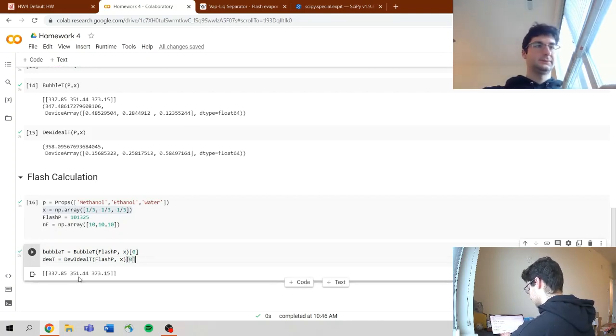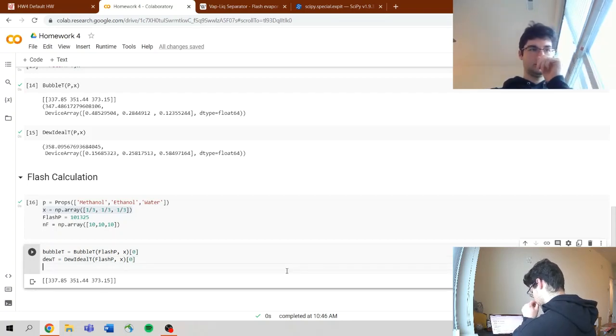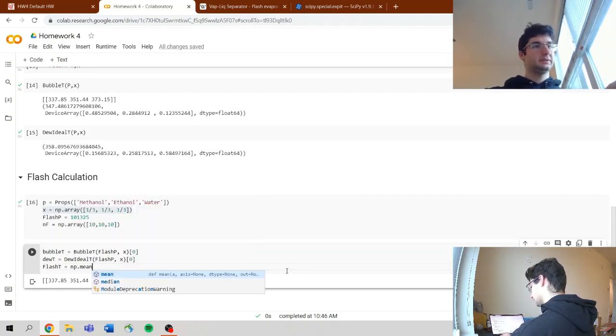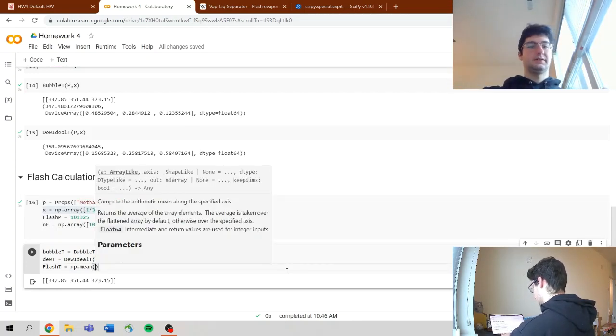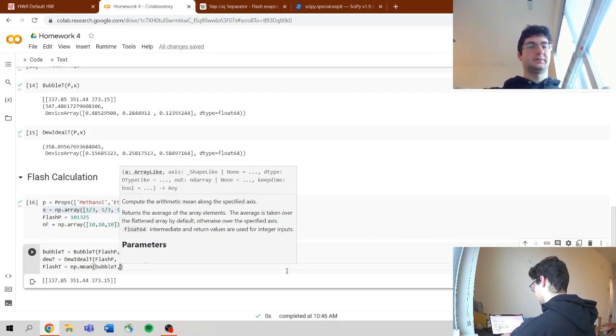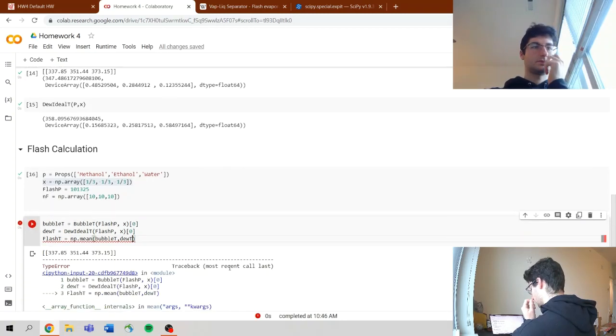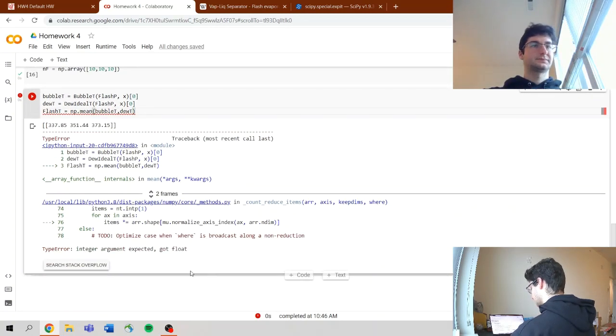Then to get our flash temperature, which is halfway between, we're just going to use np.mean of our variables bubble T and dew T. It doesn't need to be an index.